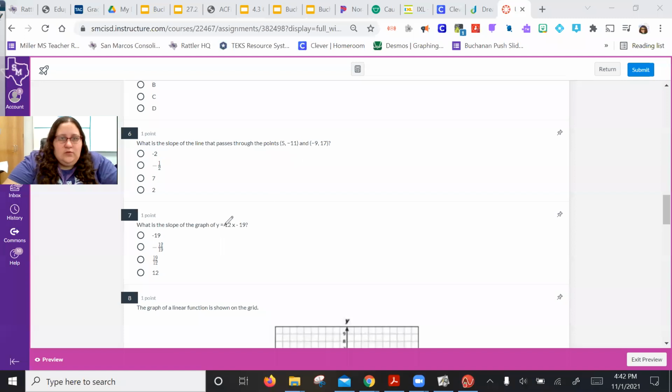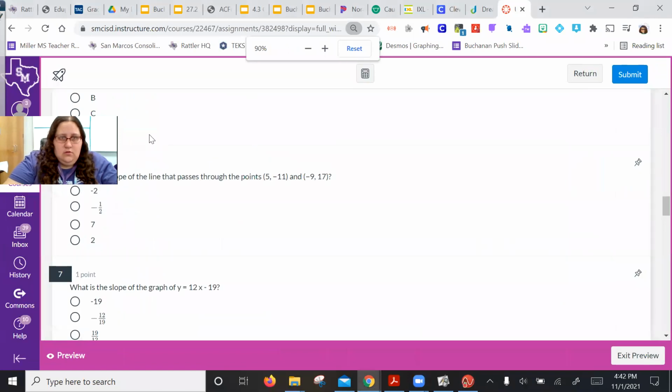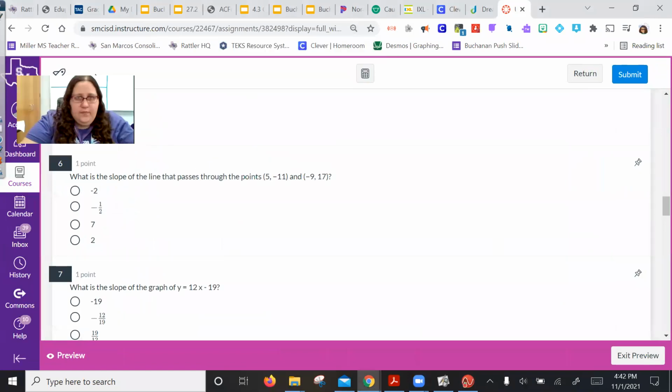Okay, our next one. What is the slope of the line that passes through the points 5, -11, and -9, 17? Now this is on your formula chart. I'm going to zoom in a little bit on this one. Okay, so I'm going to move this out of the way.